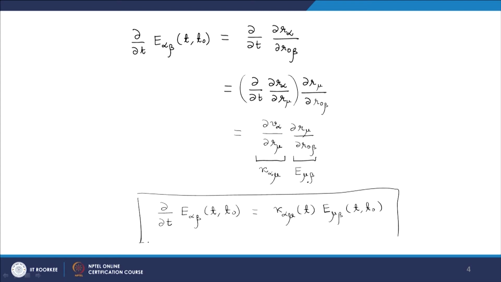Okay. So, although we have defined two different measures, they are not unrelated, they can be related by this equation.